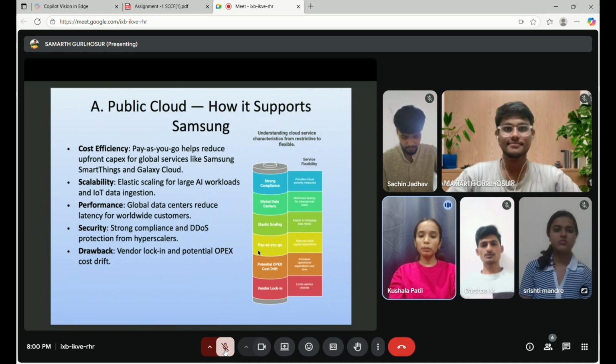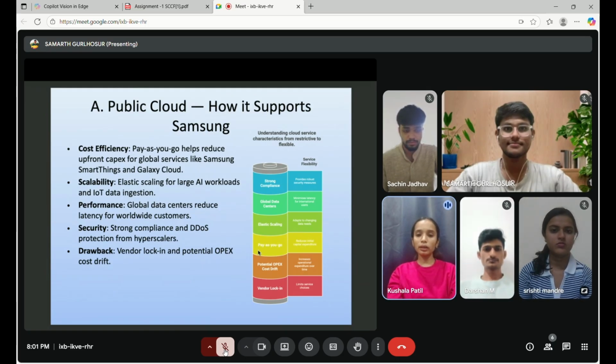Next one, scalability. The public cloud allows elastic scaling, meaning Samsung can easily increase or decrease computing power to handle large AI or IoT workloads as needed. Next one, performance. With global data centers, Samsung ensures low latency and fast access for users all around the world.